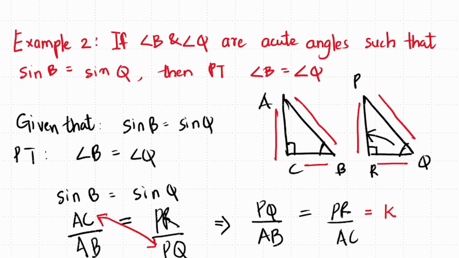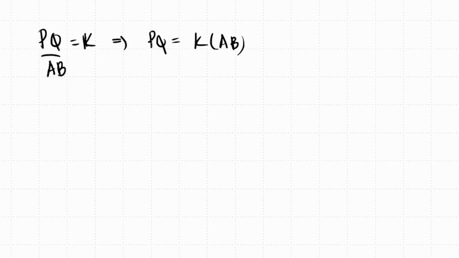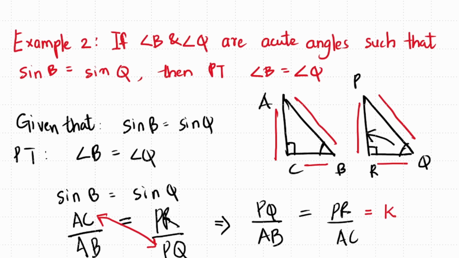And here you have PR by AC equal to K, but write it separately, which implies PR equal to K into AC. Now, in order to prove the ratio, if it should be equal, you need to find the value of both QR and BC, right?